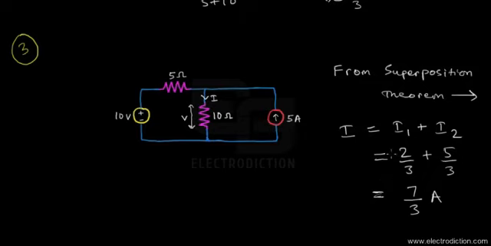Now we need to find the voltage that develops across the 10 ohm resistor due to the net current I flowing through it.